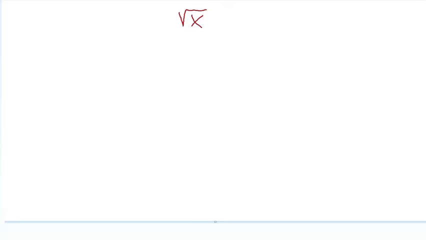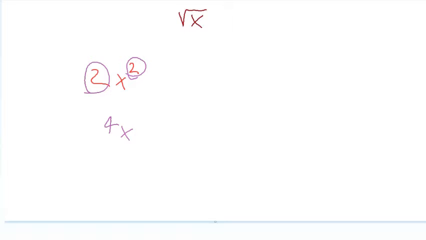So let's use an example problem here. Let's try to find the derivative of 2x squared, using the power rule. To use the power rule, you will first need to multiply the exponent with the constant, which gives us 4x.